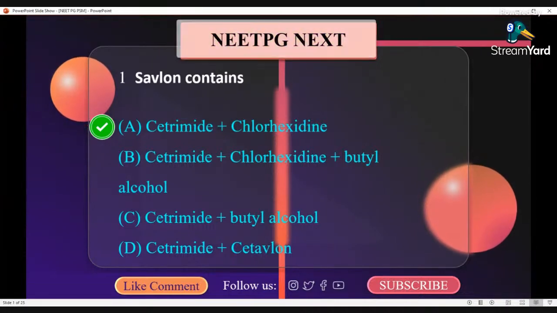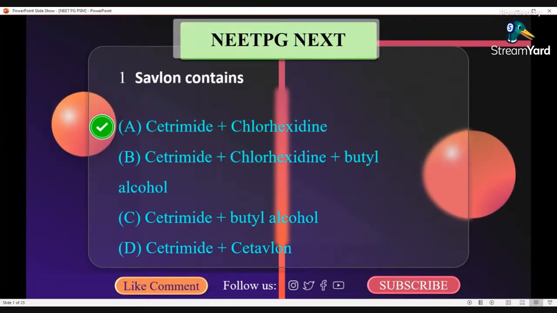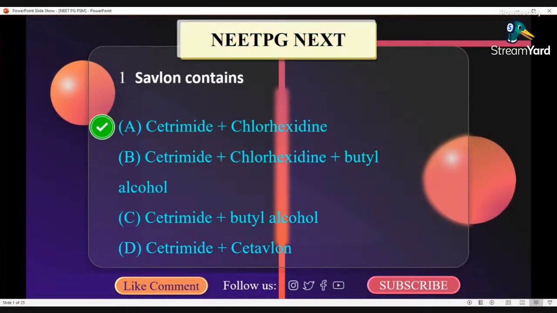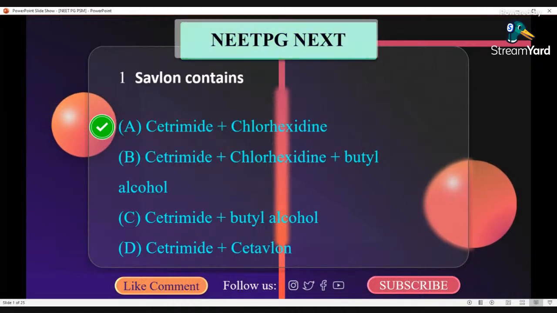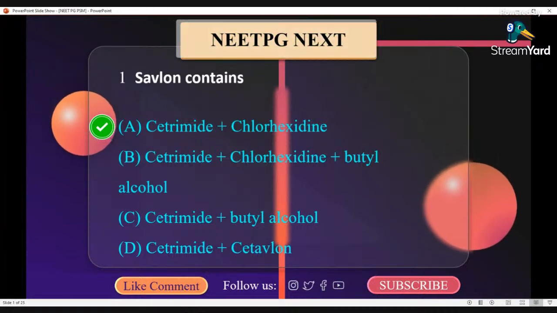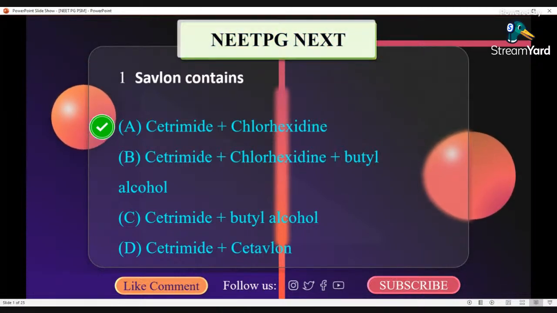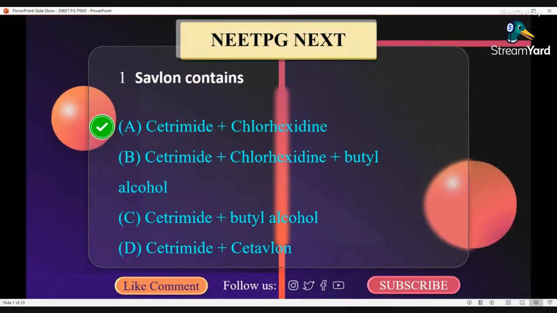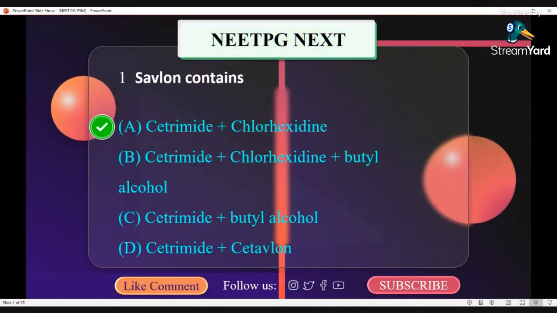Now coming to other antiseptics and disinfectants of importance. Betadine contains povidone iodine. Then Dettol. Dettol contains chloroxylenol, 9% terpineol and 13% alcohol. The Eusol solution is diluted sodium hypochlorite solution buffered with boric acid.